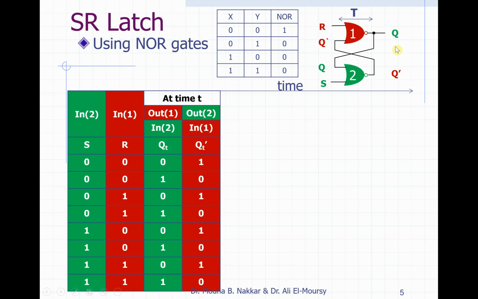What we mean by the output for a sequential circuit is the output in the future. As we indicated, this circuit is changing its state, which means changing its Q value over time, because the circuit is time dependent.